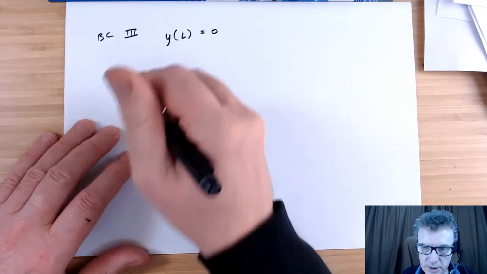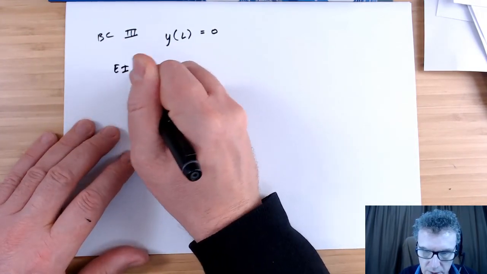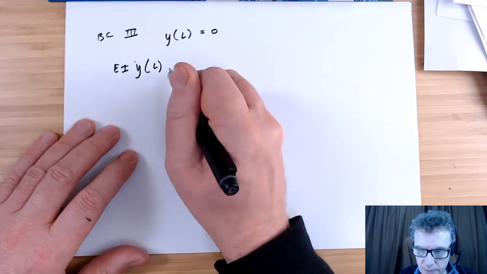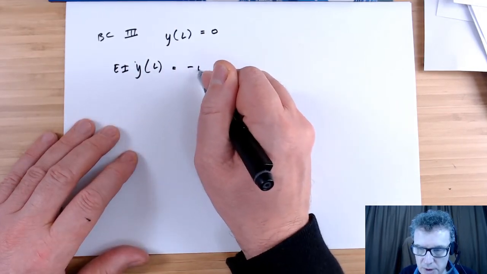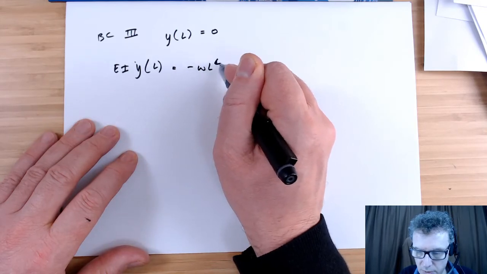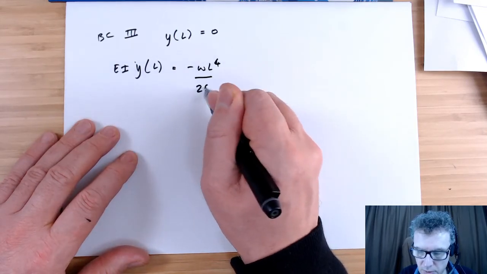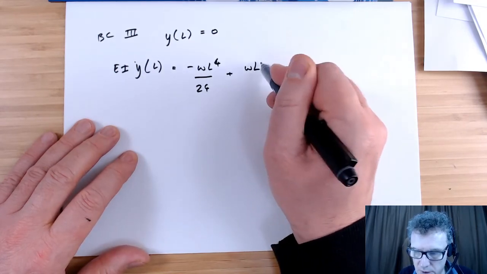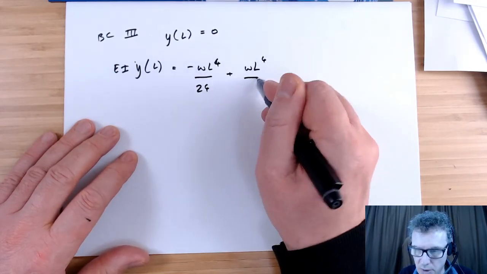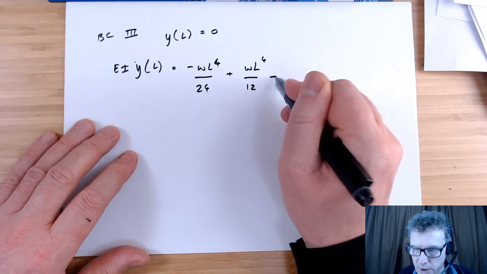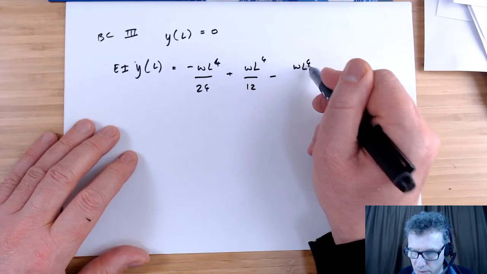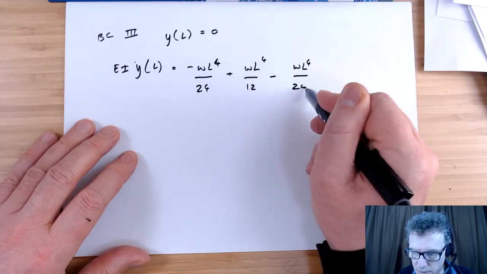Is that the case? So we've got EI y at x equal to L: minus W L to the power 4 divided by 24, plus W L to the power 4 over 12, take away W L to the power 4 divided by 24.